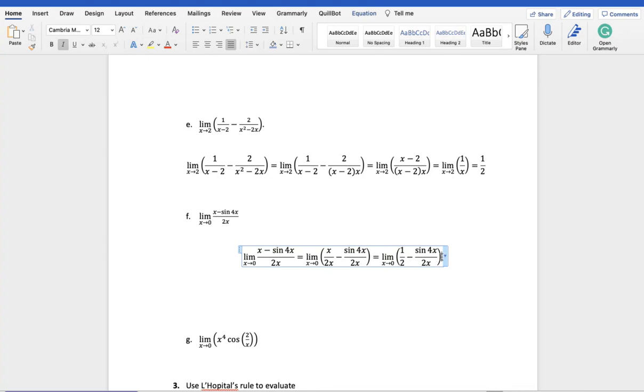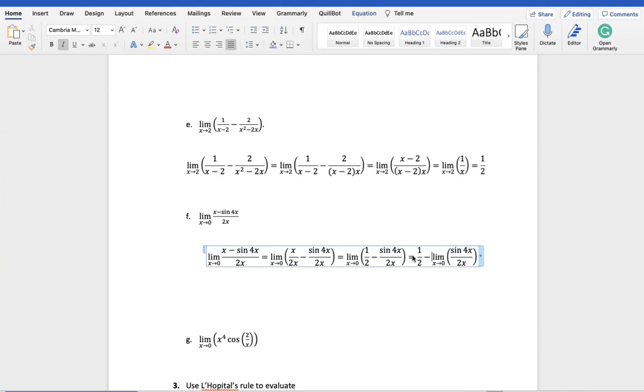And then on the right-hand side, you will be left with the limit as x tends to 0 of sine 4x over 2x.